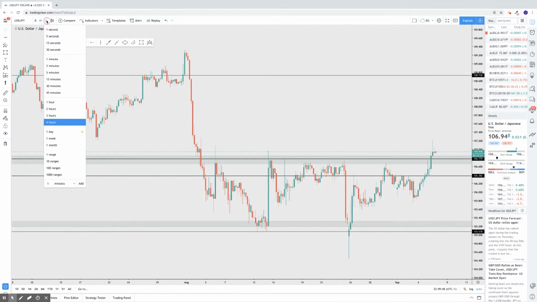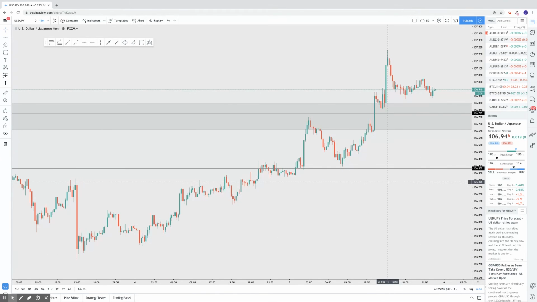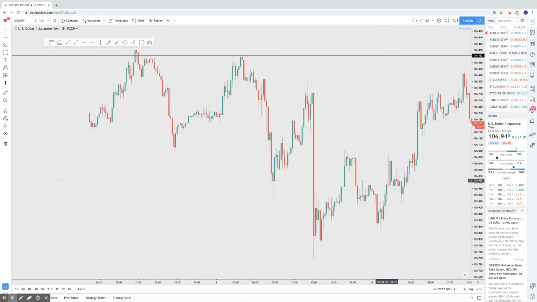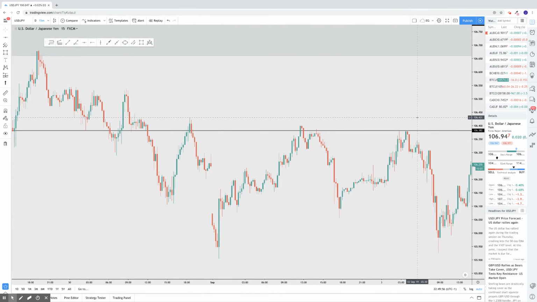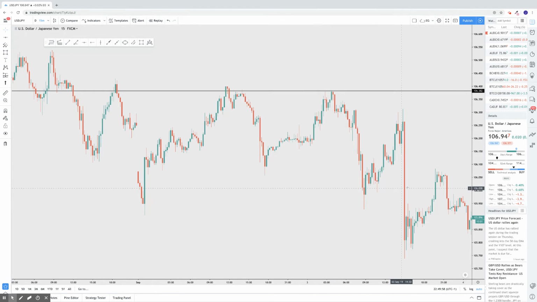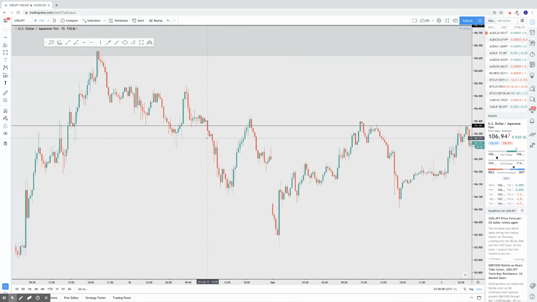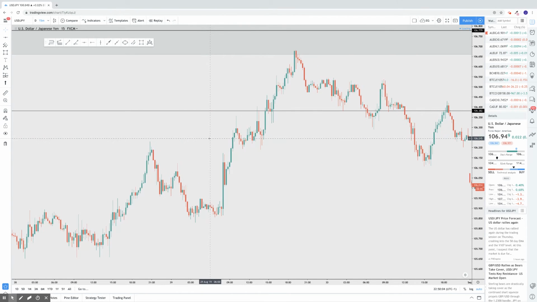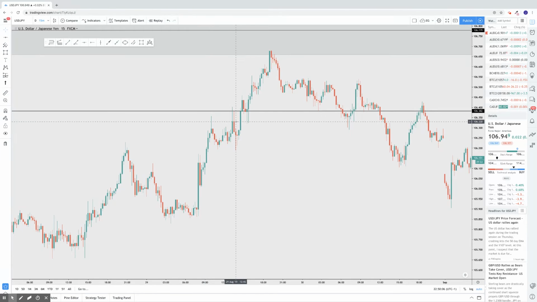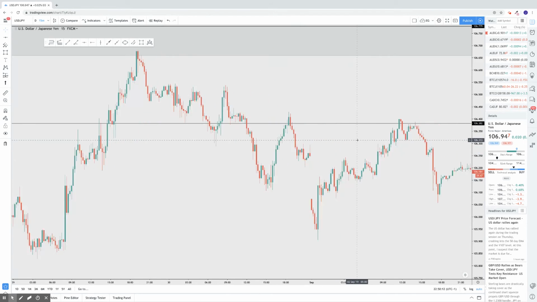If we go to the 15-minute, we can see that this was definitely an area of resistance. And over here, we should see price break through it. We're not seeing it in one candle. Normally you do want to see it in one candle, but if we had an area drawn in, we would see that a lot better.